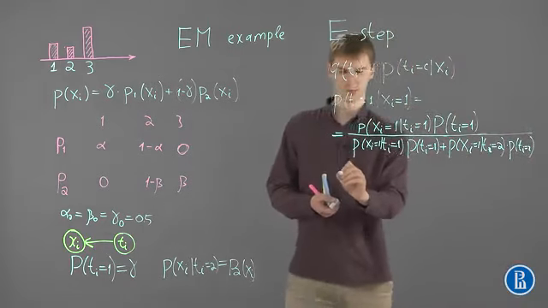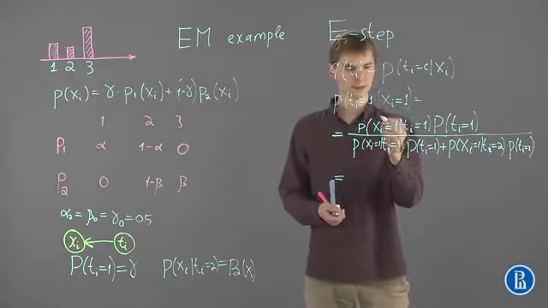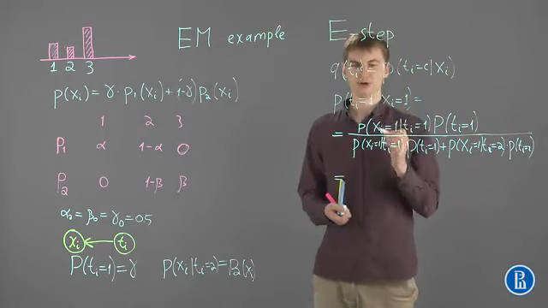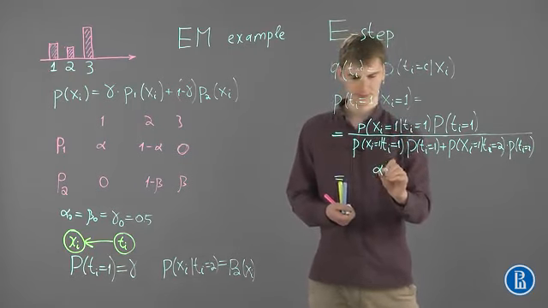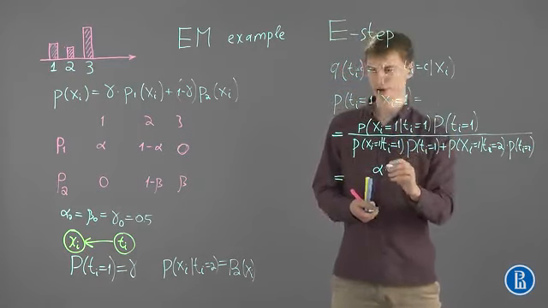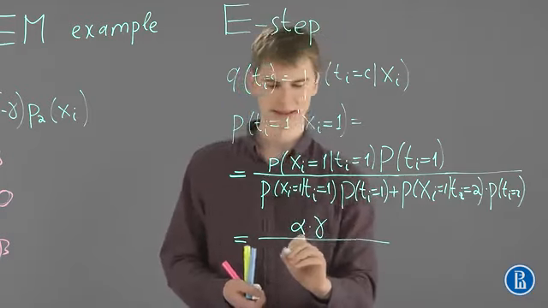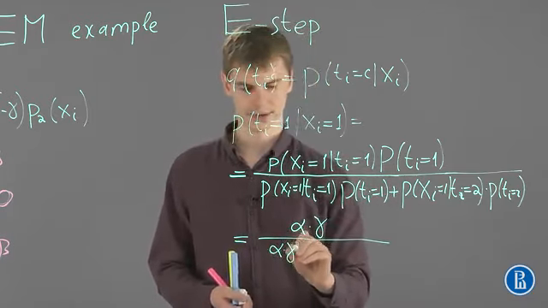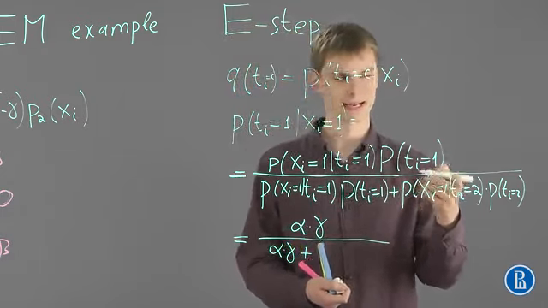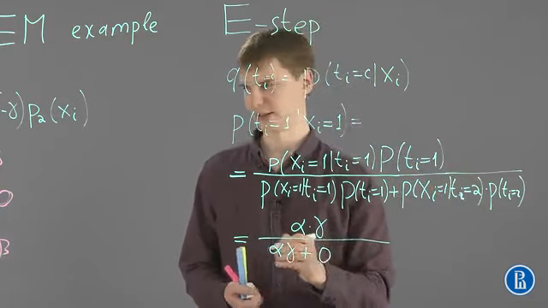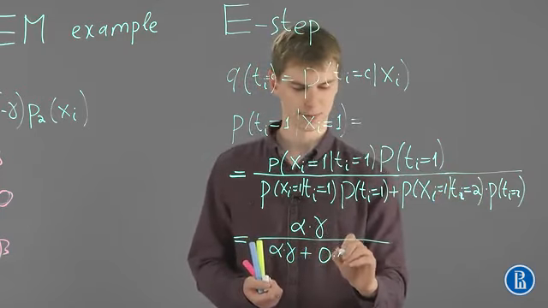And we can compute this thing for our model, since we know our current values of parameters alpha, beta, and gamma. So this conditional distribution is just P1 of xi equals 1, so it's alpha, times the prior, which is gamma, the prior probability for ti equals 1, divided by the same thing, alpha times gamma, plus the probability that this particular point came from the second component of the mixture, which is 0, because the second component of the mixture never generates ones, times its prior probability 1 minus gamma.